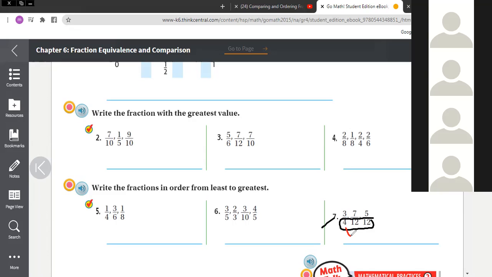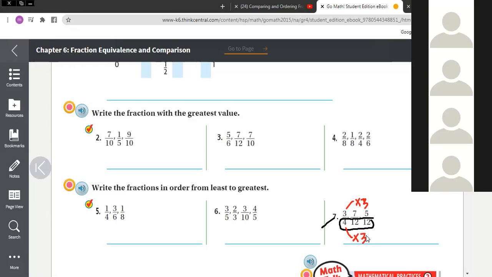Easy. 4 times what number is going to be 12? 4 times 3. That's right. And if you multiply 4 by 3, you have to multiply 3 by what number? By 3 as well. 3 by 3 equals 9. You have to multiply both of them, the numerator and the denominator, by the same number.